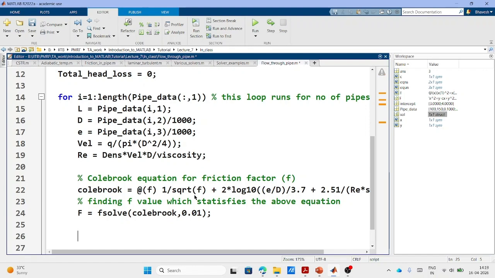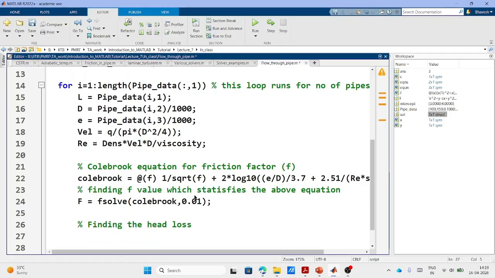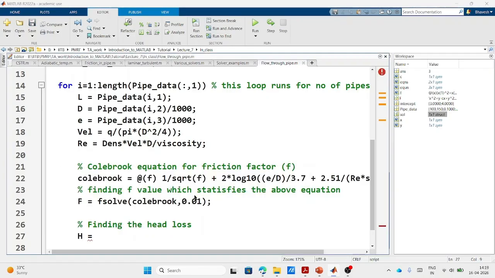Now finding the head loss. So your head loss H will become, what's my equation?